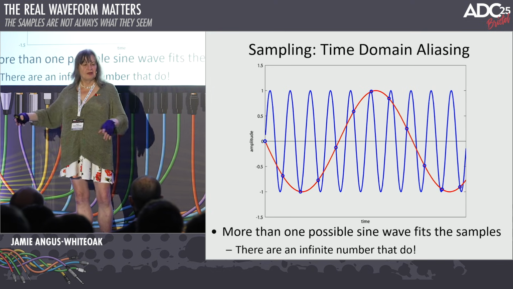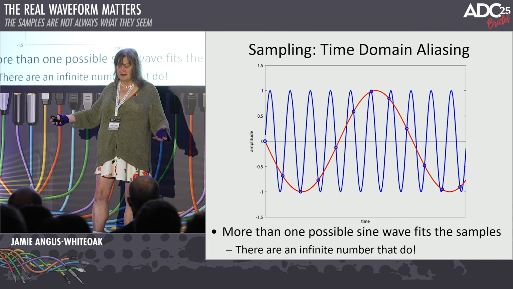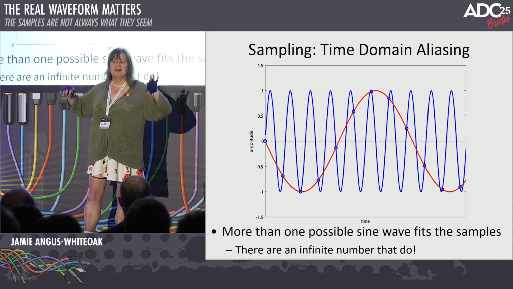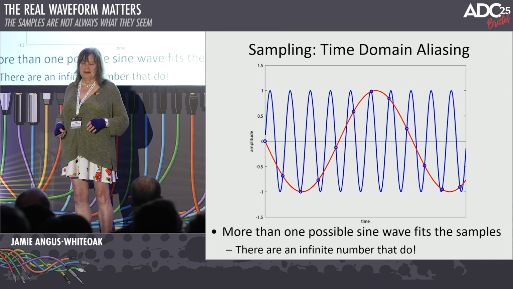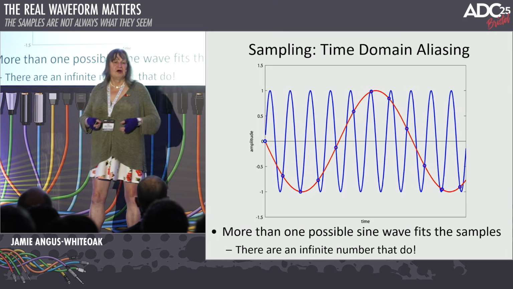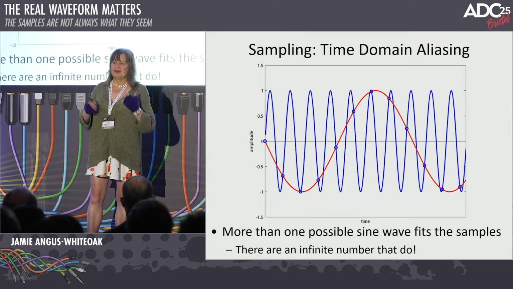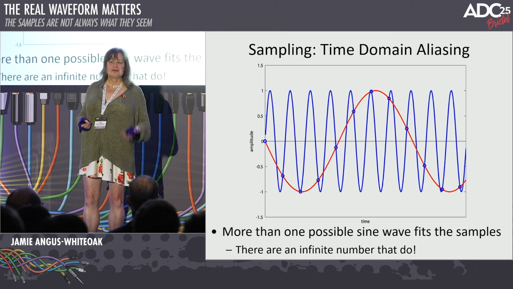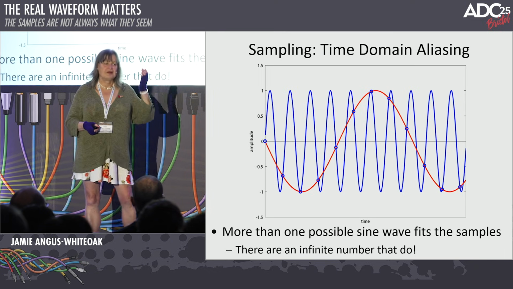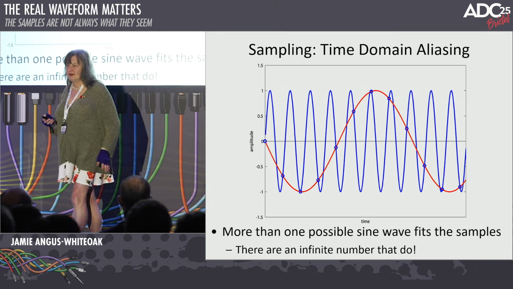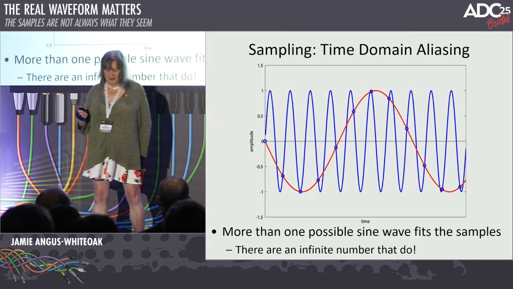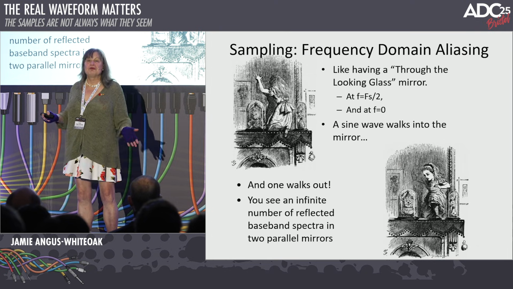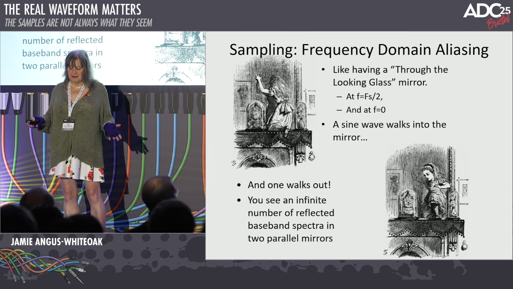And it's those extra waveform possibilities that are changing the effective level of the samples. In fact, it's like those warnings about investments: sample values may go down as well as up, depending on the waveform.